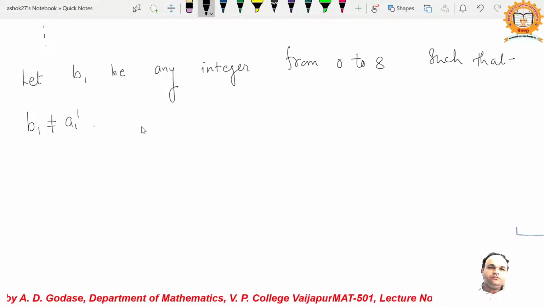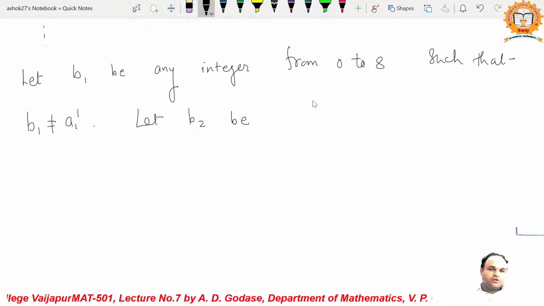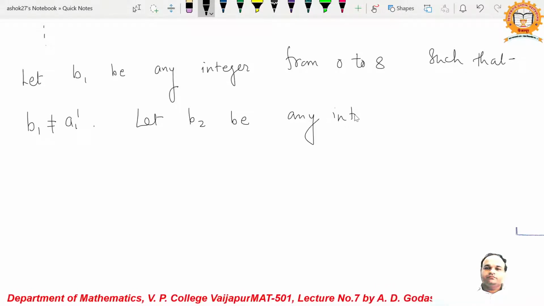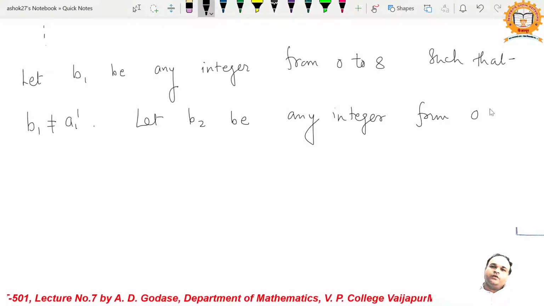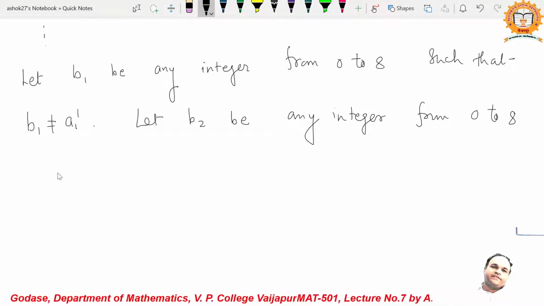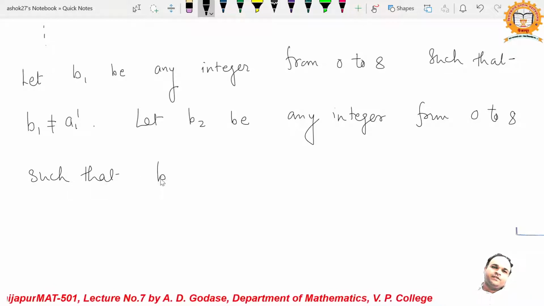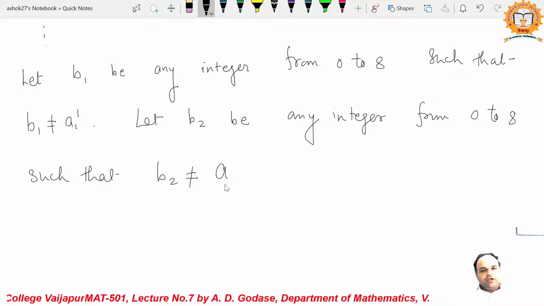Next, let b2 be any integer from 0 to 8 such that b2 is not equal to a22.